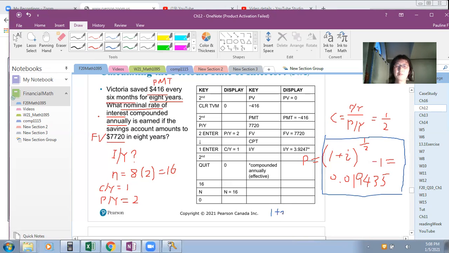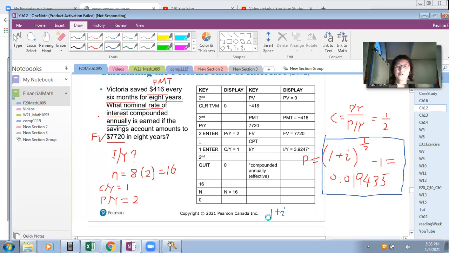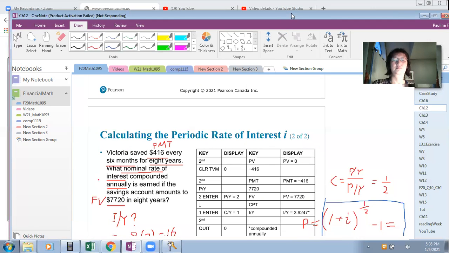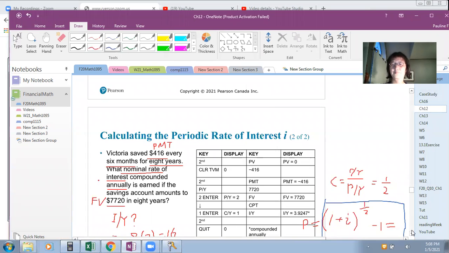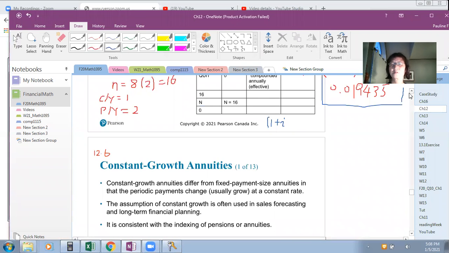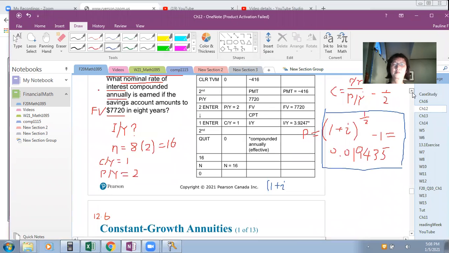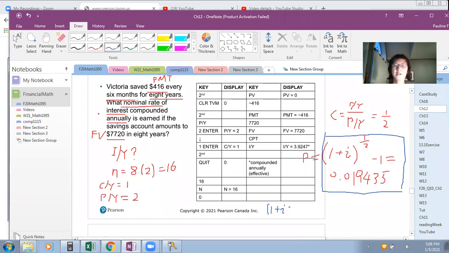Equation, 1 unknown. 1 plus I raised to power 1 over 2, minus 1. I move over to the right, so equal to 1.019435.